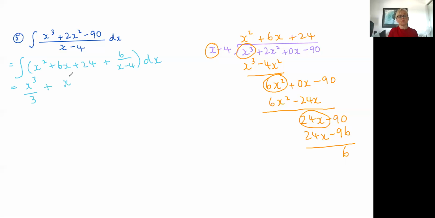Increase the index by 1 and divide by the new index. All right, I did that in one step. You can do it in 2 steps if you like. It was 6x squared on 2, gives you 3. Increase your index by 1 and divide by the new index, and then you've got a linear function in your denominator. So this will be 6 natural log x minus 4 plus c.